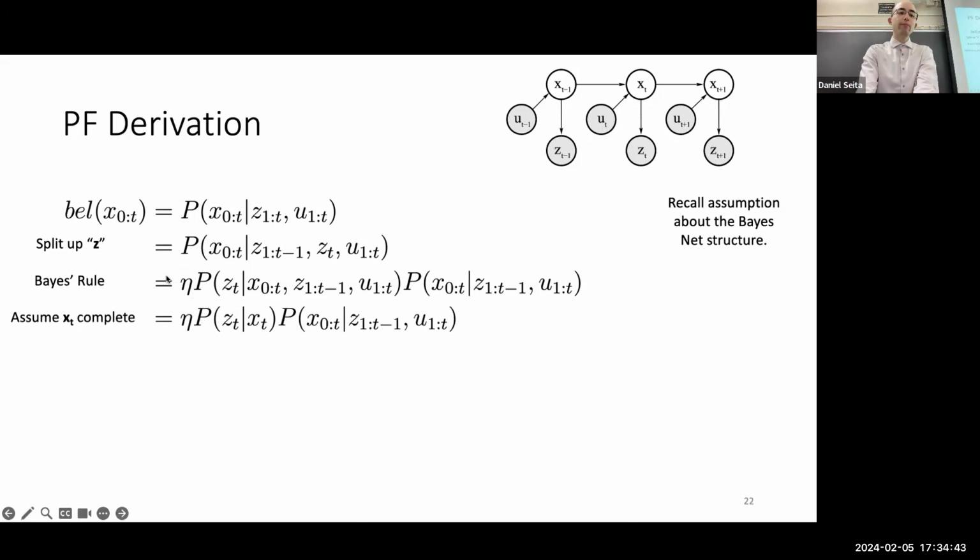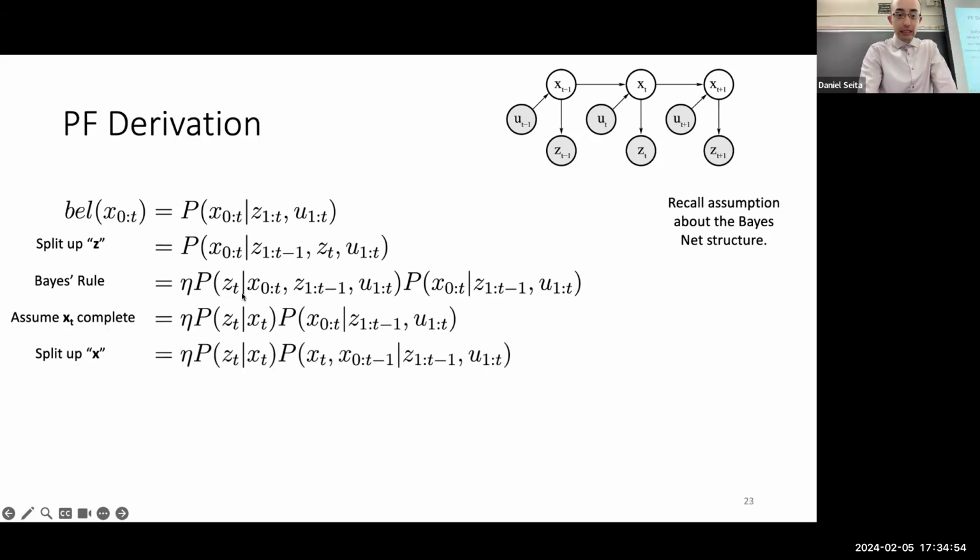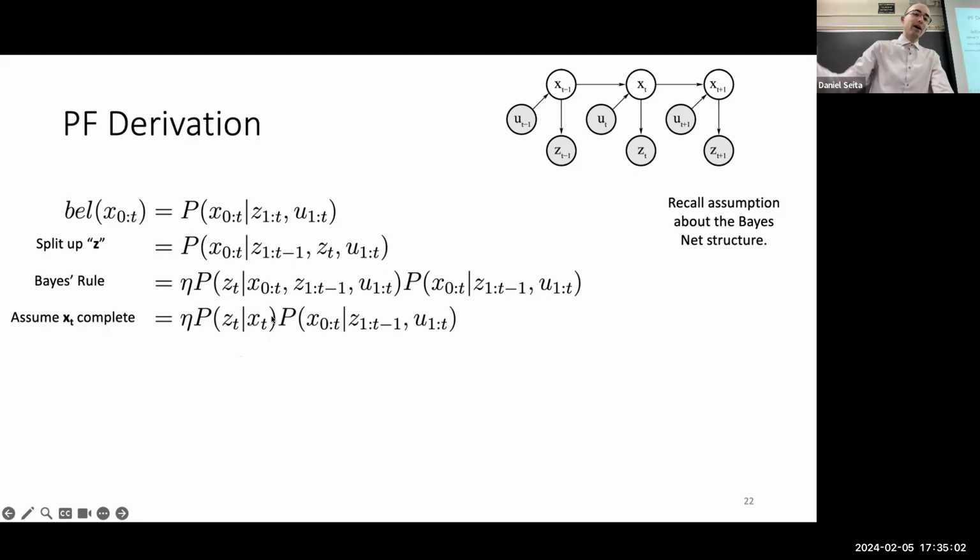Now we also go from here to here by making the assumption that xt is complete. What does that mean? That means we go from vt conditioned on xt, and we don't need any other prior information before that. Another way to think about this is that vt's only parent is xt. This term stays the same, but of course we have to do something to that term.